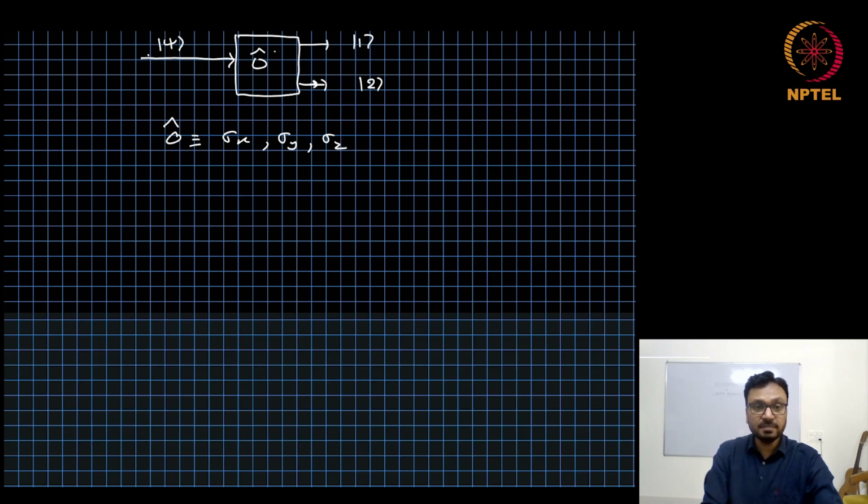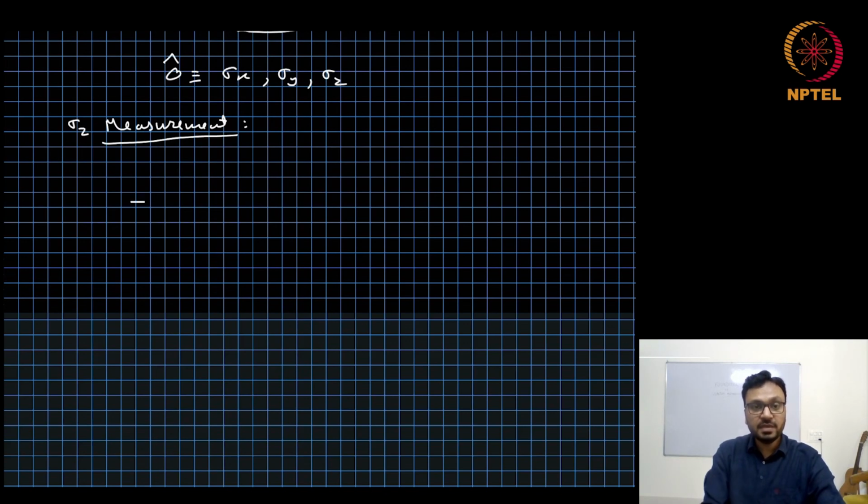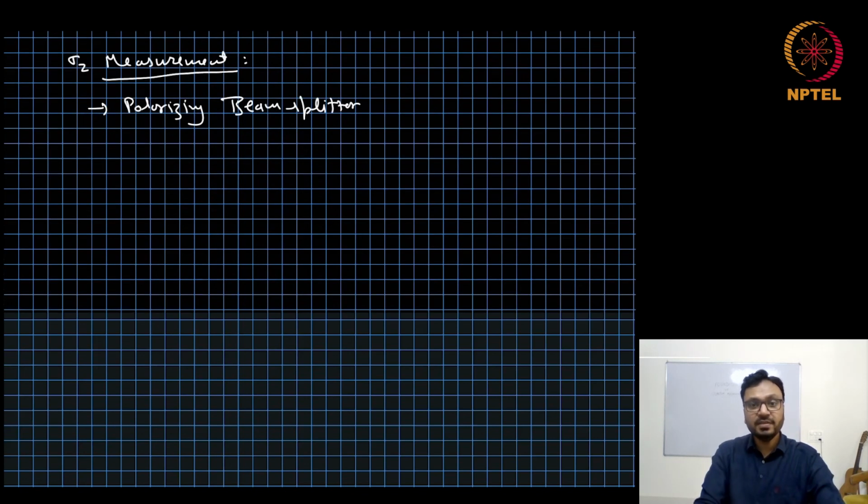So let us do the simplest case first, that is the sigma z measurement. We all know what a polarizing beam splitter is. I am just drawing it as a box with a diagonal line inside it.